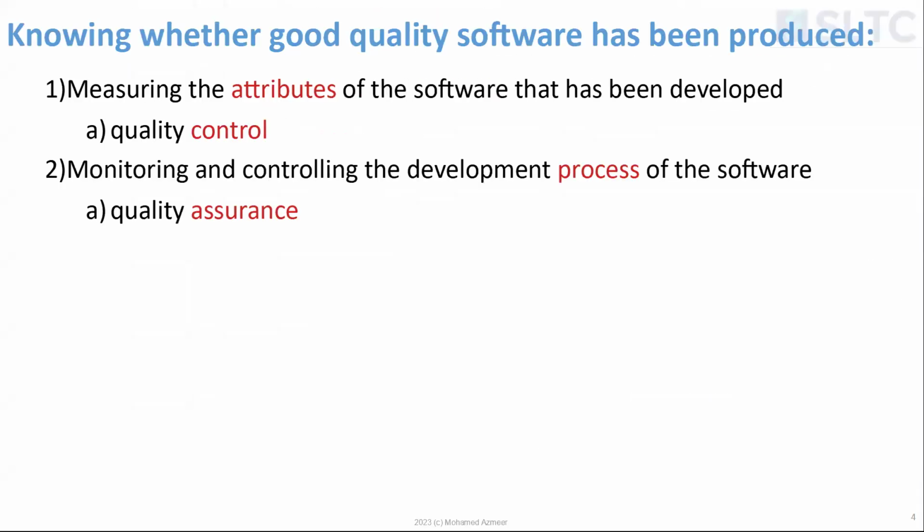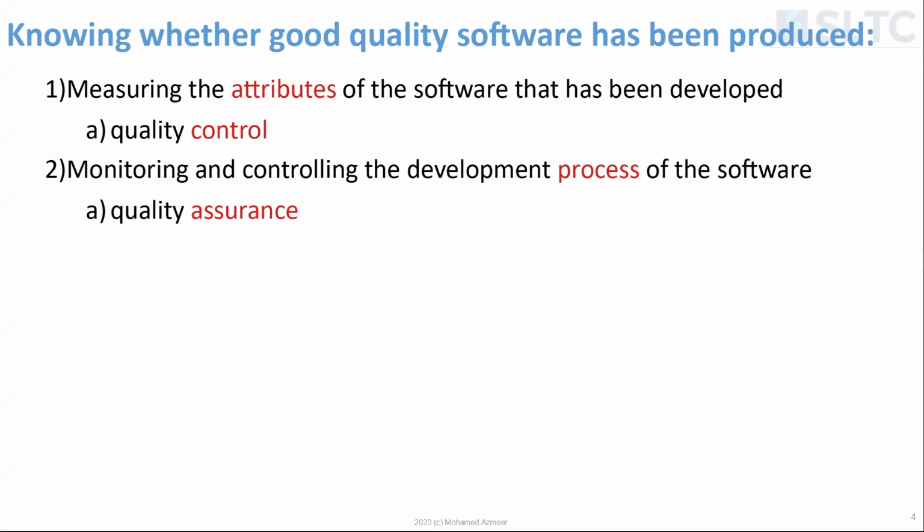So to answer that question, there are two things we need to refer to. One is called the attribute of the software. The other one is called the process of the software, or rather development process of the software, right? Two things. Now, first thing is called measuring the attribute of the software. Now, we are looking at size of the software, for example, how much resource it requires, how long does it take to process something, things like that.